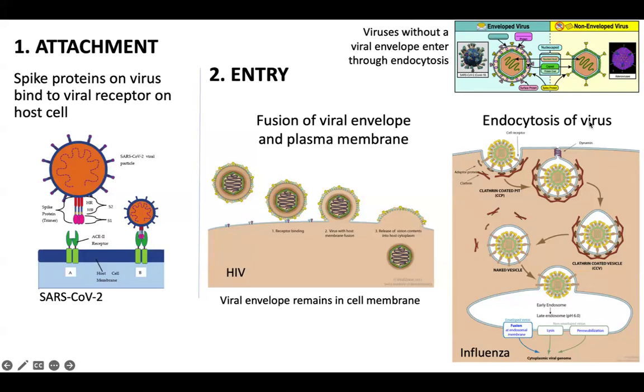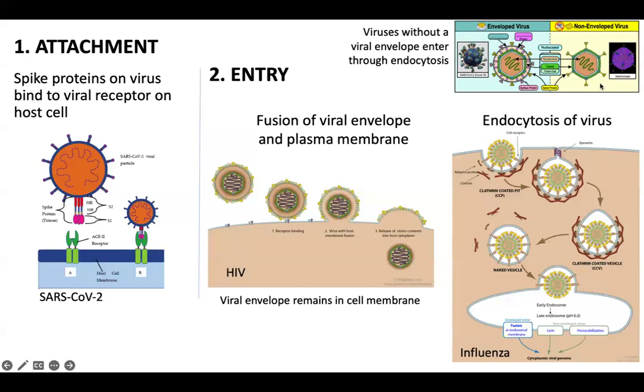Another type is endocytosis. After the binding to the cell receptor, this is going to trigger the host cell to engulf the virus, the viral particles, and bring it into the cell.